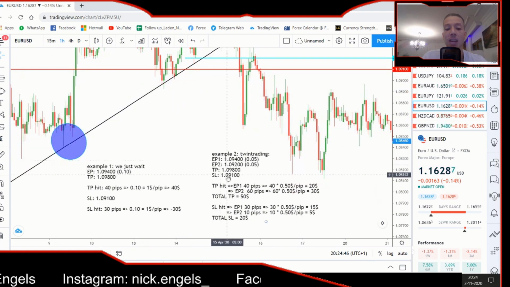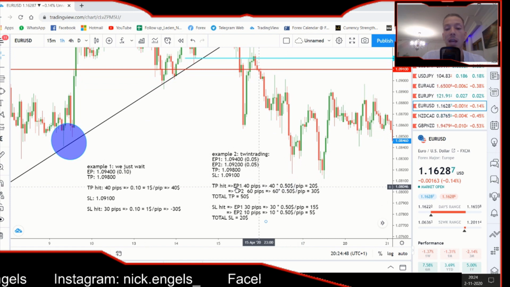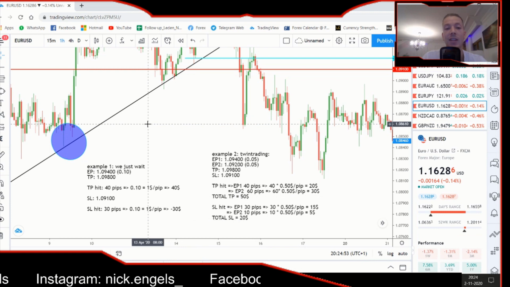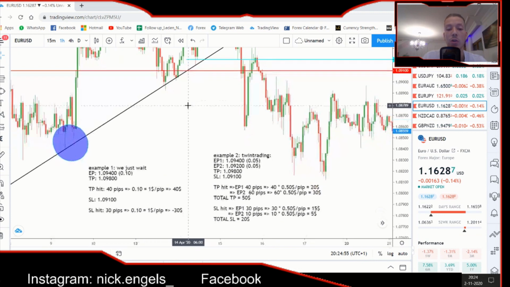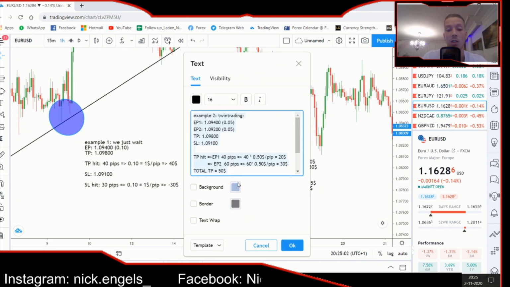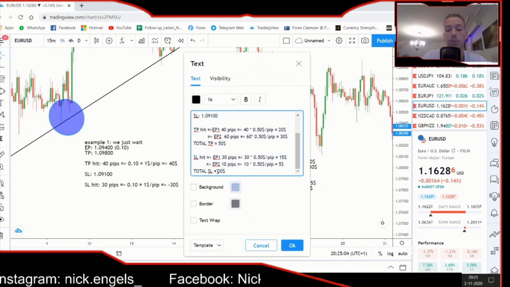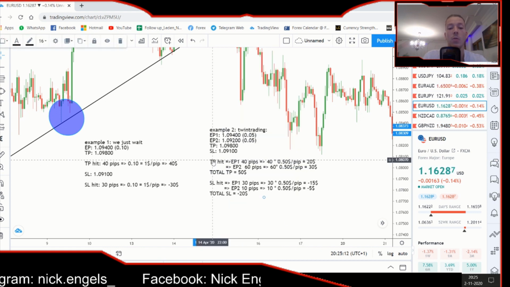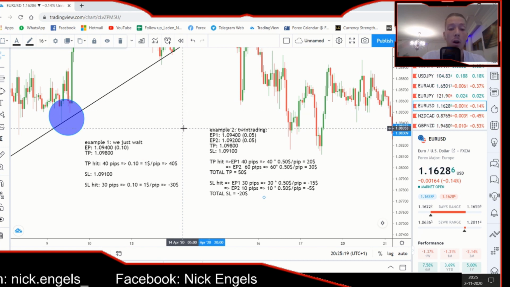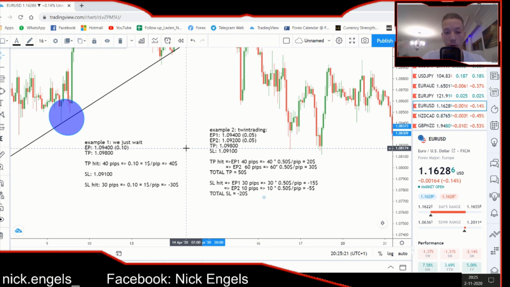Now, if this would have hit TP, we would not have made 40 bucks, but we would actually have made 50 bucks. If this would have hit stop loss using twin trading, we would not have lost 30 bucks, but we would actually have lost only 20 bucks. This means that if you apply twin trading correctly with the right risk management, it will make sure when you win, you actually win more, and when you lose, you lose less.